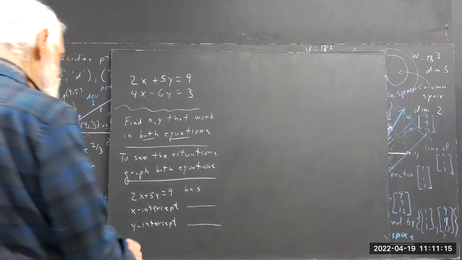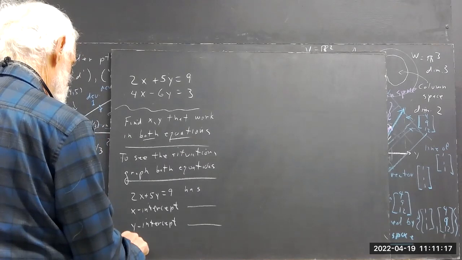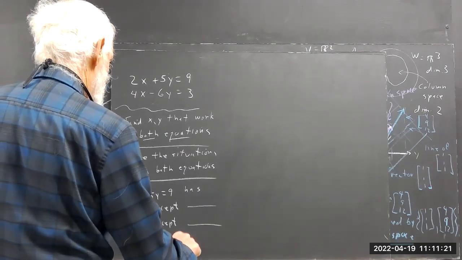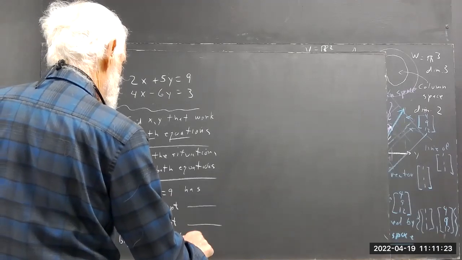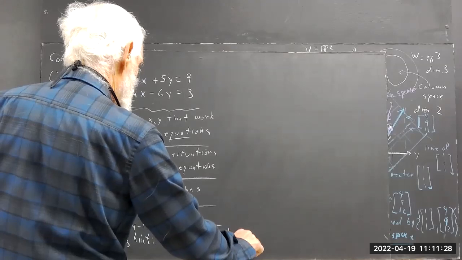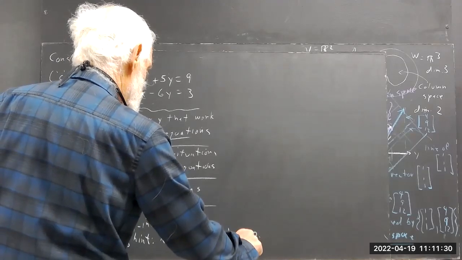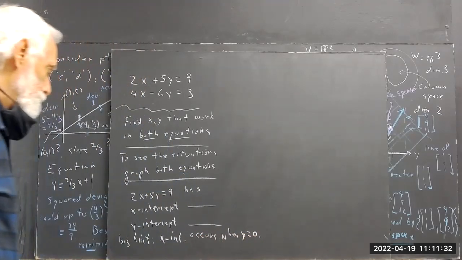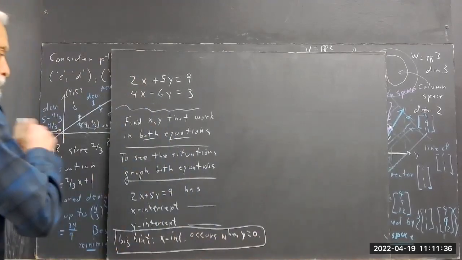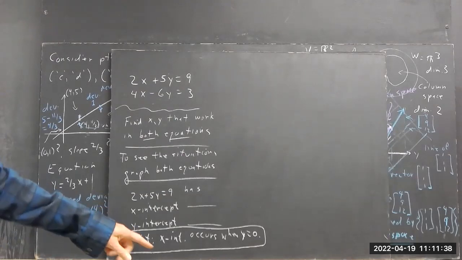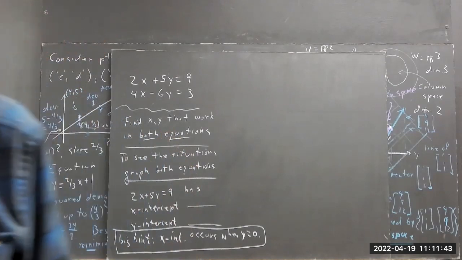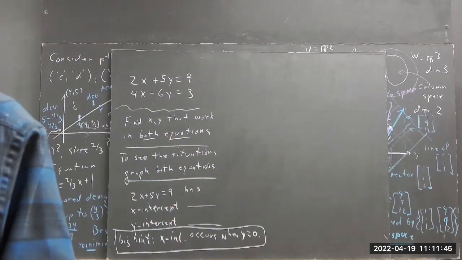So you really have to know what the x-intercept and y-intercept mean. One intercept occurs when the other variable is 0.